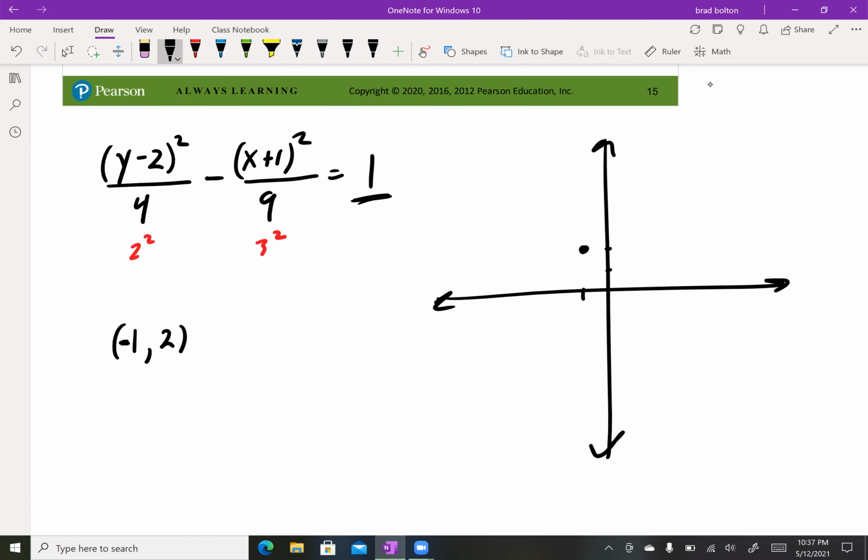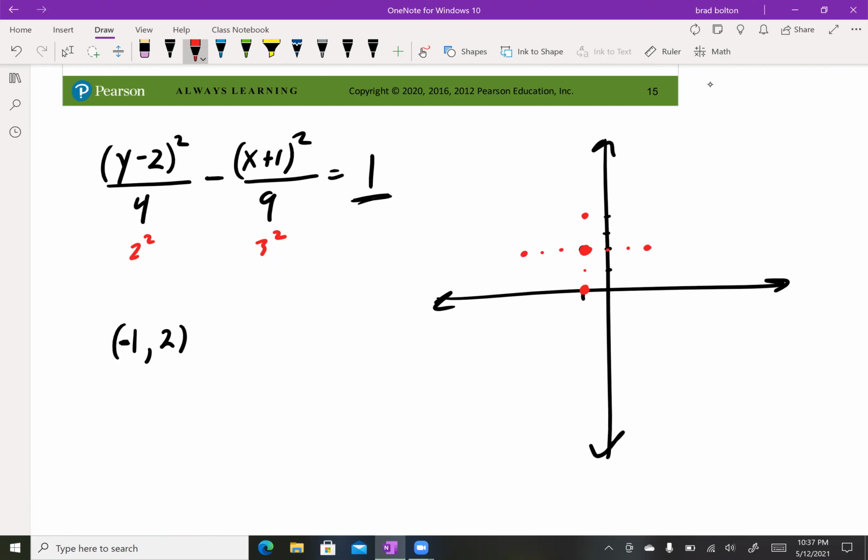Now from there, we want to go up 2. So 1, 2. Let me put this in red. So this will be up 2, and then we'll go down 2, 1, 2. And then we'll go to the right 3, so 1, 2, 3. And to the left, 1, 2, 3.